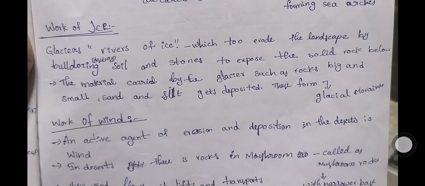That mixed material will be deposited when the glacier melts completely. That deposition is called glacial moraines.